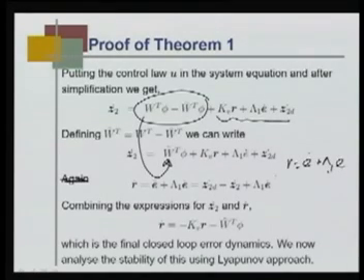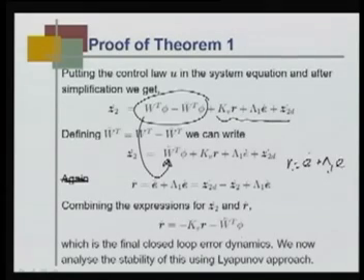This particular expression we derive from R dot by simply differentiating and then replacing E double dot, which is simply Z2 d dot minus Z2 dot.